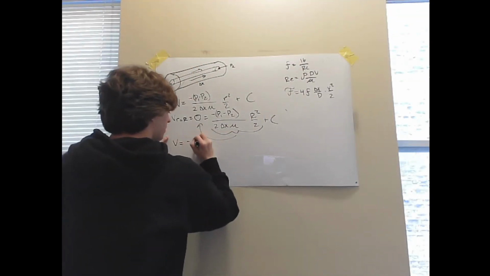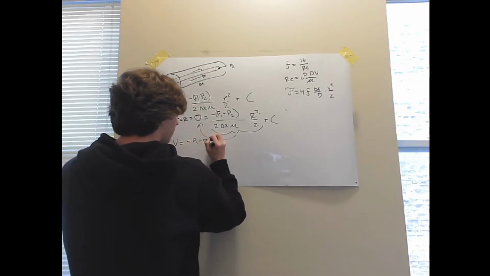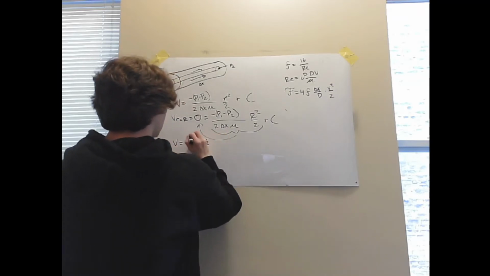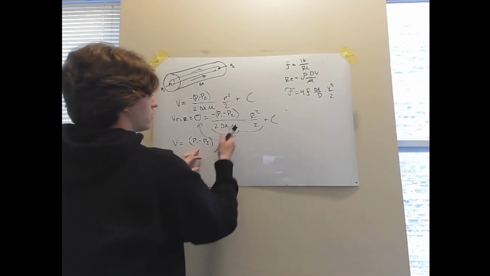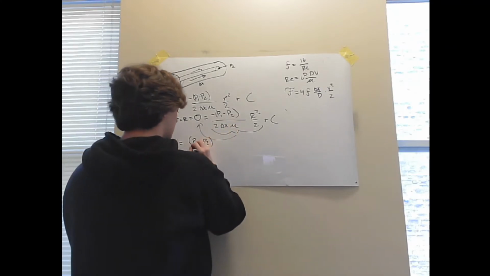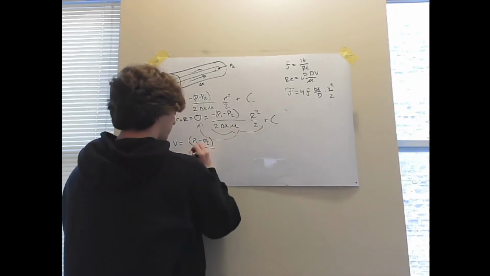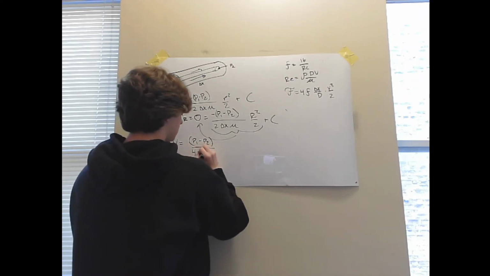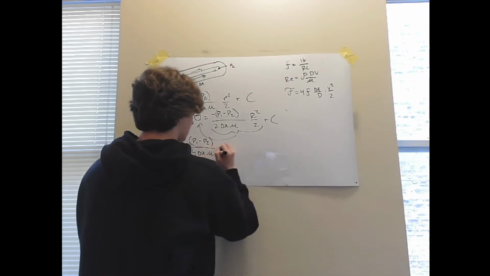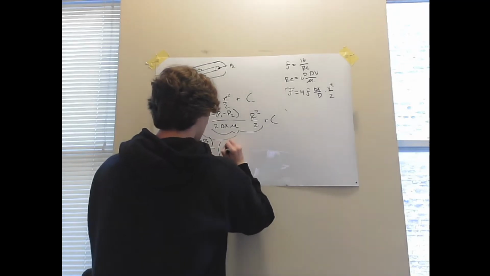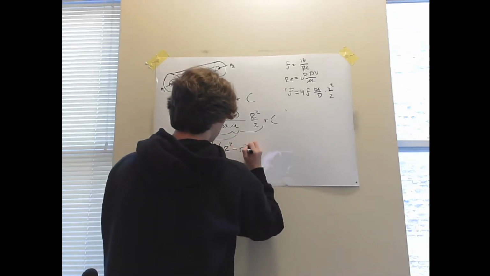It's going to be P1 minus P2. I'm actually going to get rid of this negative sign and factor out all of the constants. And so since we have r squared over 2, there's going to be a 4 down here times delta x times mu times big R squared minus little r squared.